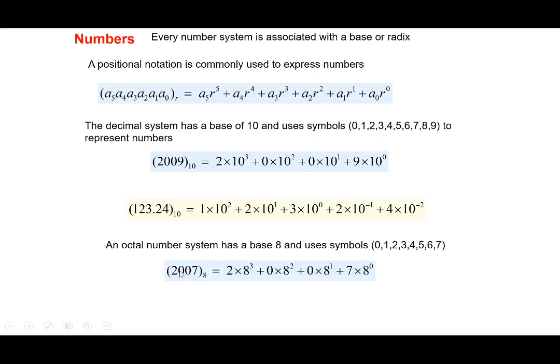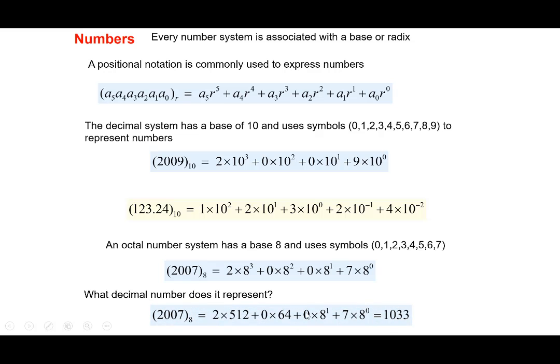The second one is 0, so 8 to the power 1, and then 8 to the power 2. And then 2 is 8 to the power 3 here. So what decimal number does it represent? Well, you multiply them all together, and 2007 to the base 8 is equal to 1031 to the base 10.